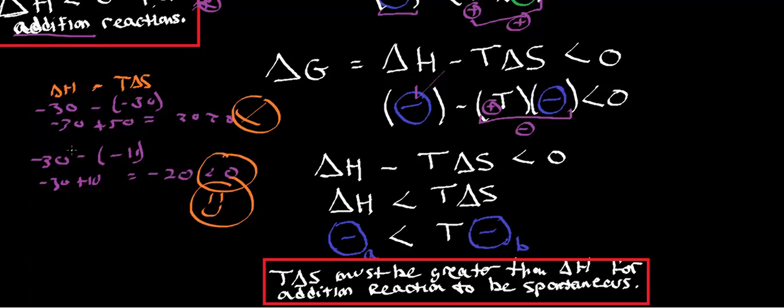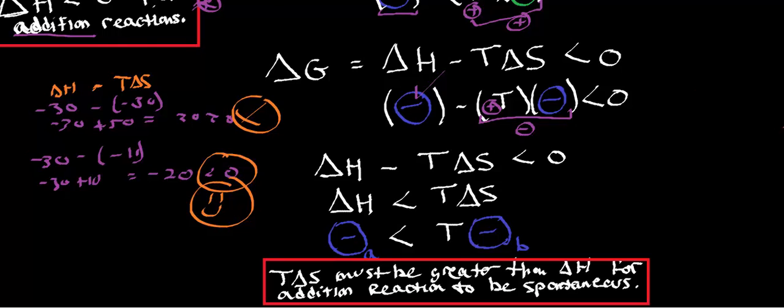So what that ultimately implies is that the temperature has to be really low. Because if the temperature is low, that's going to force the T delta S term to be as positive as possible. It can still be a negative number, but it can still be less negative than the delta H, and that's what you want.